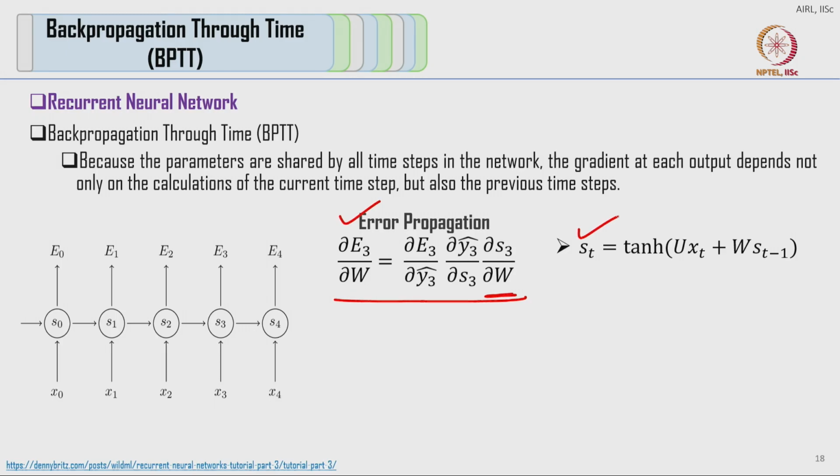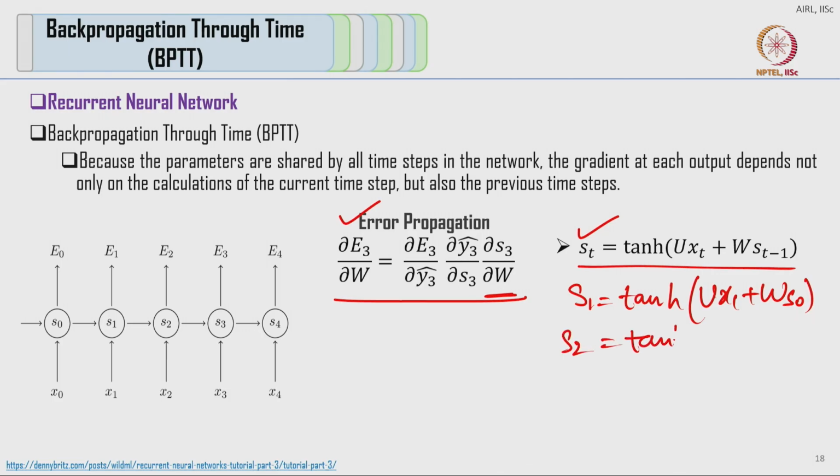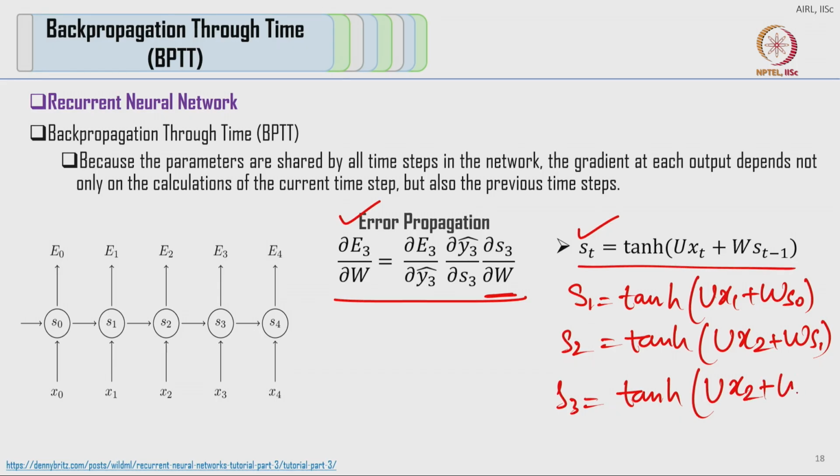Now the equation of the hidden state St is given in this particular equation. S1 can be written as tanh of (Ux1 plus Ws0). S2 can be written as tanh of (Ux2 plus Ws1), and S3 can be written as tanh of (Ux3 plus Ws2).